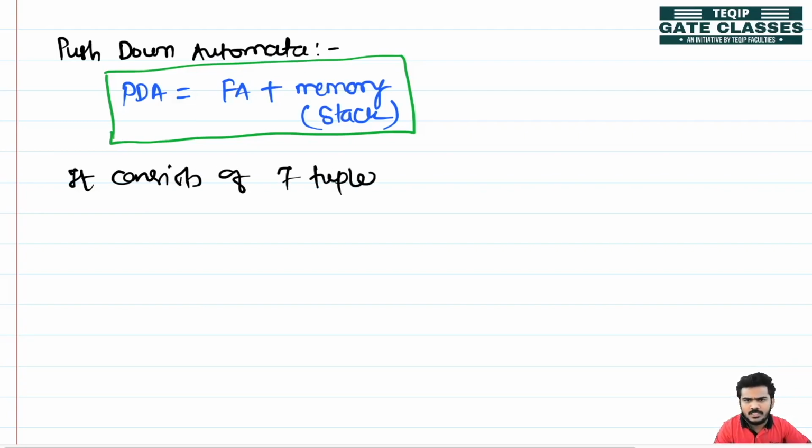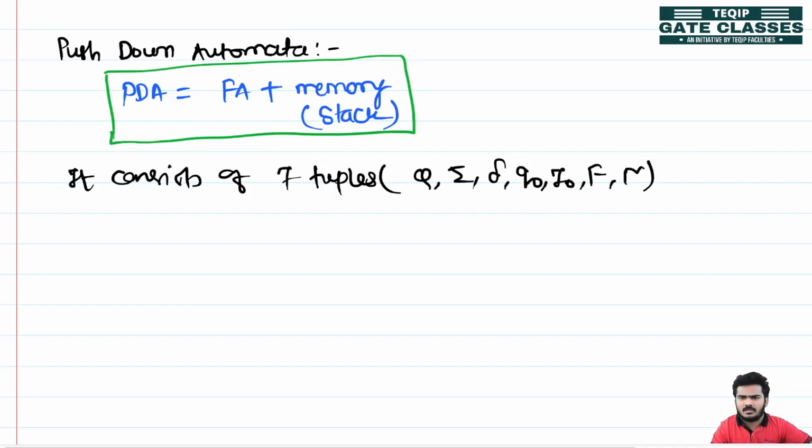Which are they? Q, summation, delta, Q naught, then Z naught, F, and tau. Here we have 2 extra tuples compared to DFA: the first is Z naught and the next is tau.